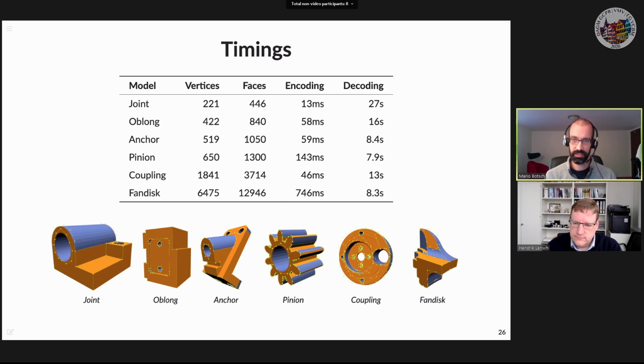complexity is not so much dependent on the number of vertices of the input mesh, because we remesh it anyway. The meshes that take longer do so because the nonlinear optimization takes more iterations.